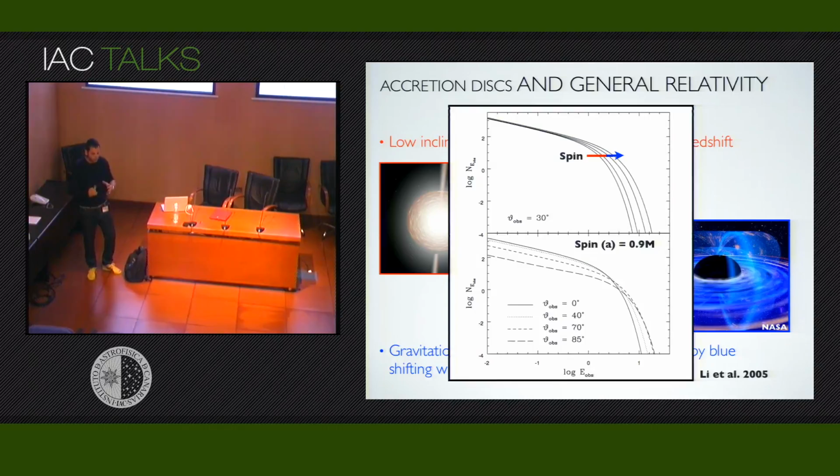And if the matter is close to the black hole, these relativistic effects become more important. And it's what we see here. As the spin grows towards the maximally rotating black hole, the blue shift effect is higher. So let's say that the disk looks hotter just because of general relativity.